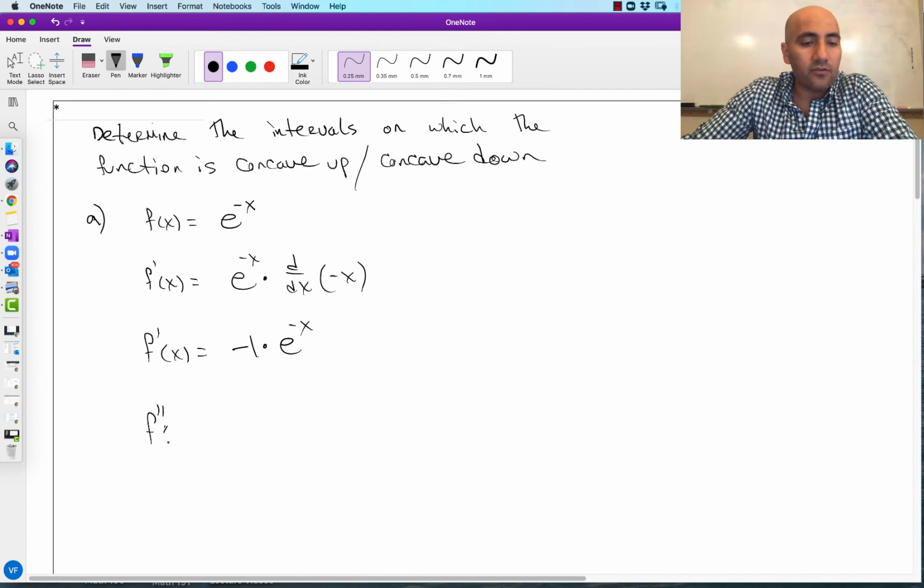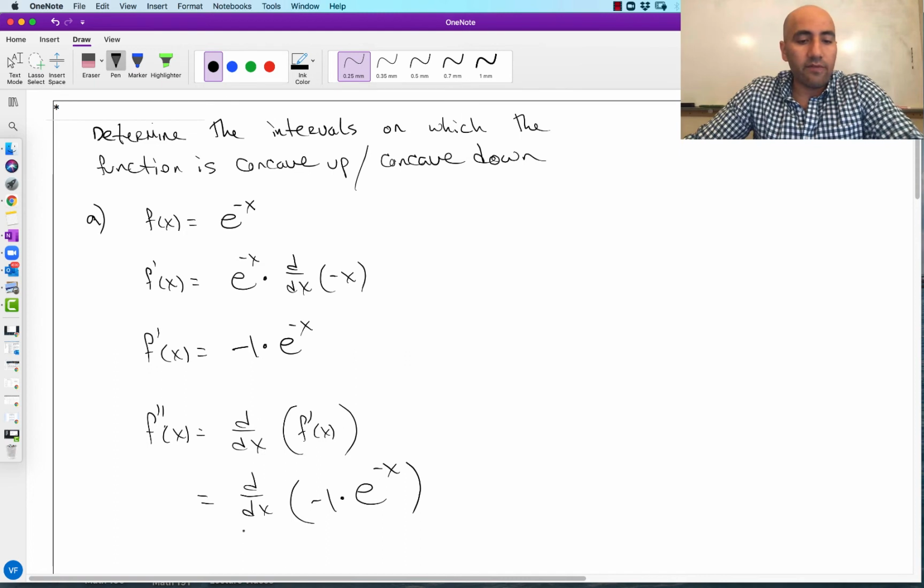So the second derivative of this function is equal to the derivative of the first derivative, which is equal to the derivative with respect to x of negative 1 times e to the negative x. And so we can factor out that negative 1 times the derivative with respect to x, d/dx of e to the negative x.